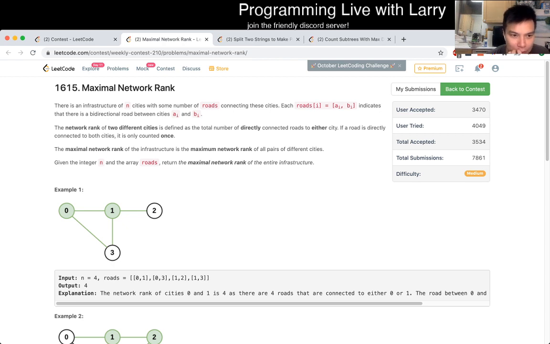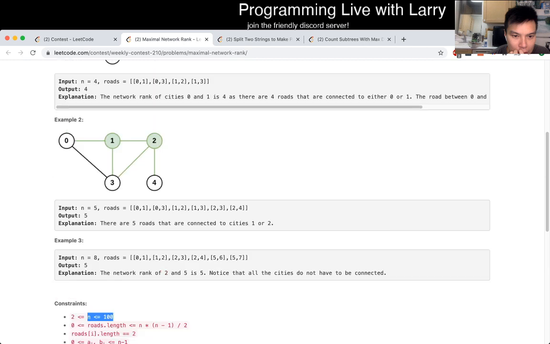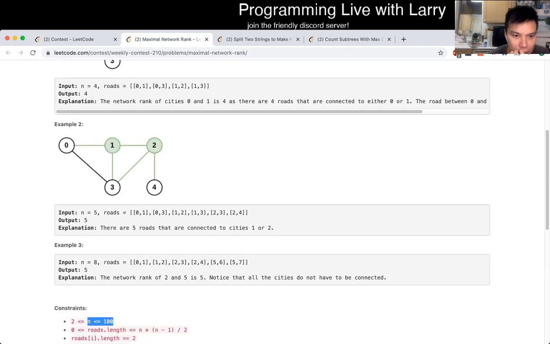I find it hard to read. Two, 3, 4, 5. Okay.